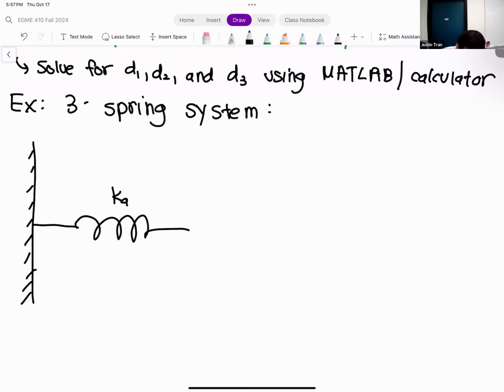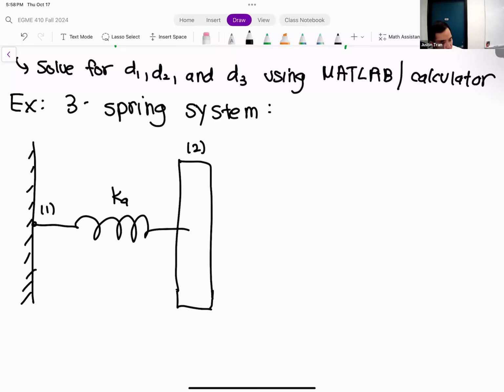This spring is going to have a spring constant Ka. We have one node that's attached to the wall. This spring is going to be connected to a wooden block. The block is all going to move together, so the block itself is going to be node number 2.